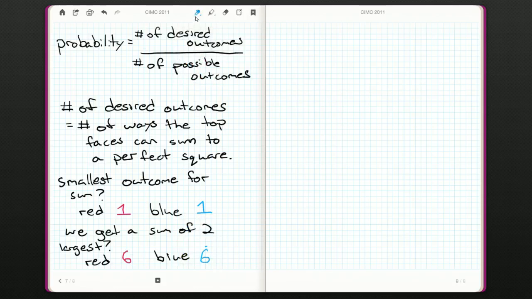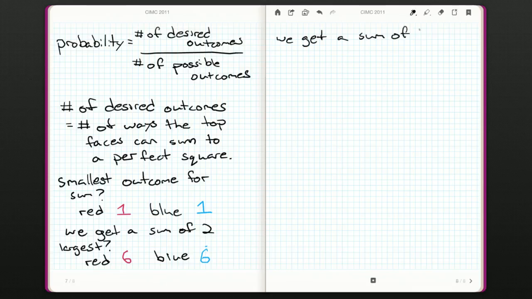And that would give us a grand total of 12. So we're looking at possible perfect squares between 2 and 12.